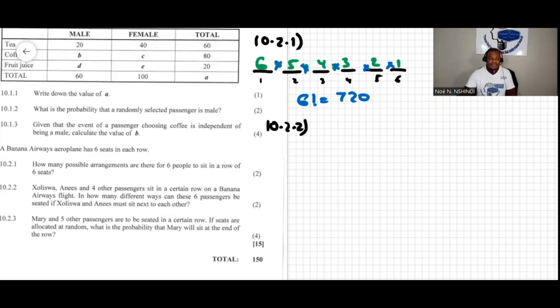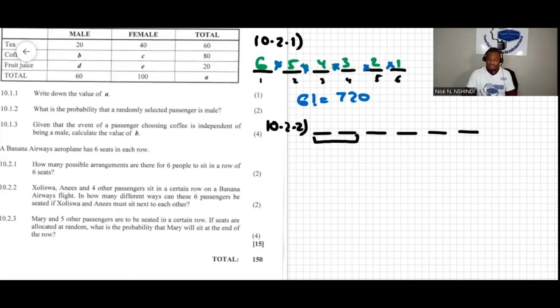Over here, it is important to start with the condition. So we have 6 seats normally, 1, 2, 3, 4, 5, 6. Colisa and Anis must sit next to each other, so they form something like one block.